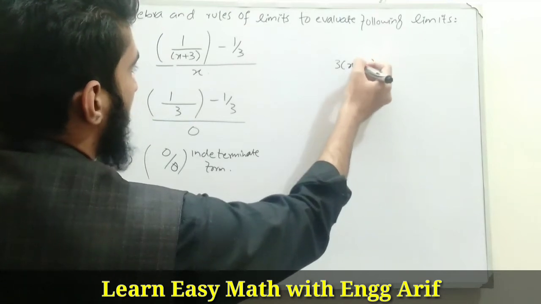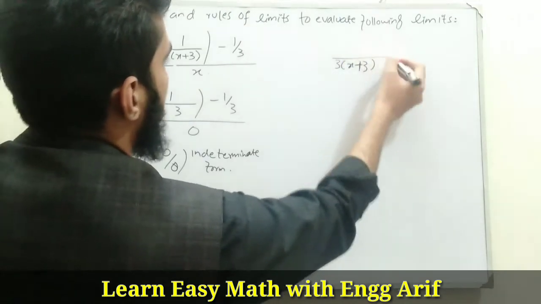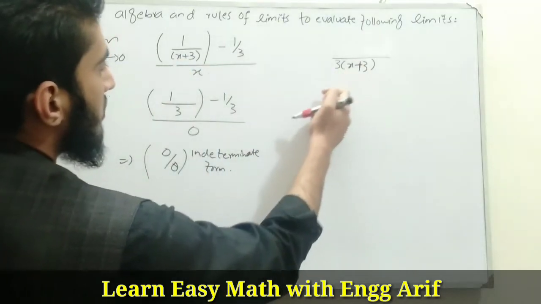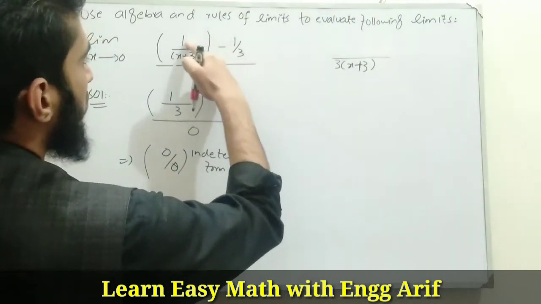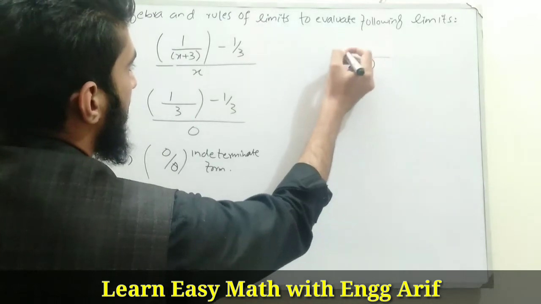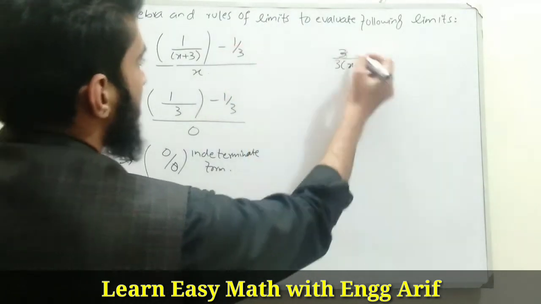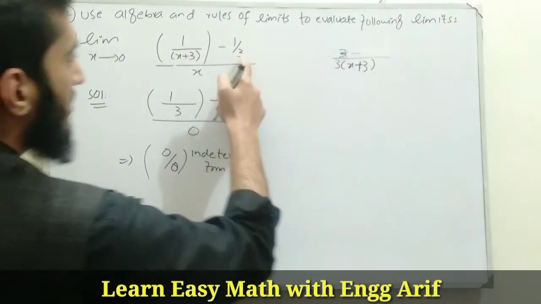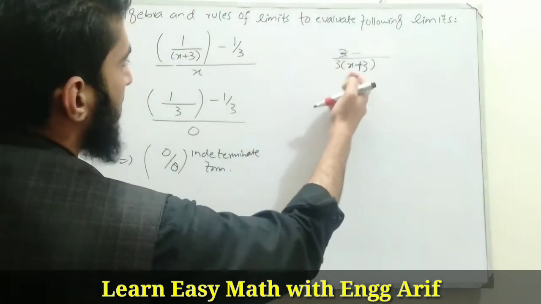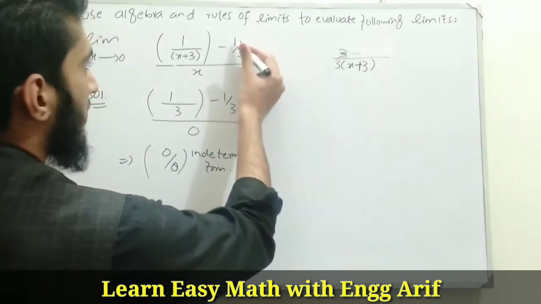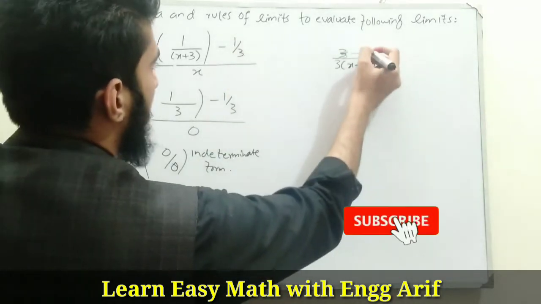Let's suppose this is the LCM. In the numerator, we multiply 3 with the numerator of the first fraction, so it becomes 3. This is the method of LCM. Here is the minus sign. And then multiply the same x plus 3 with the numerator over here, so it becomes x plus 3.